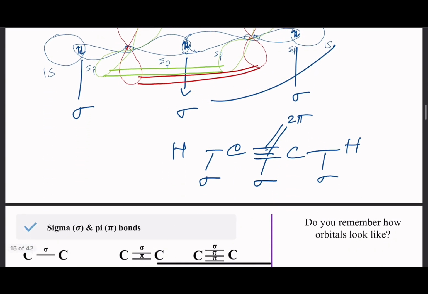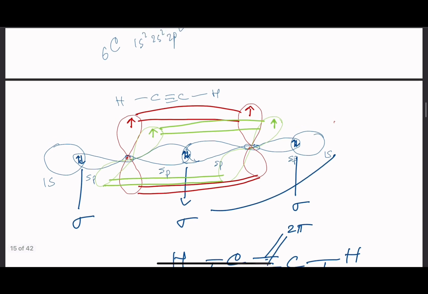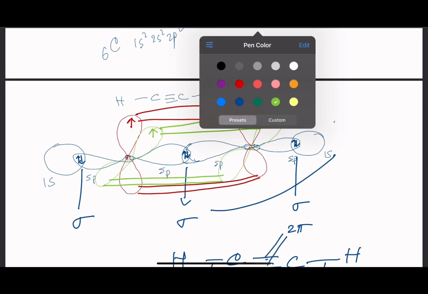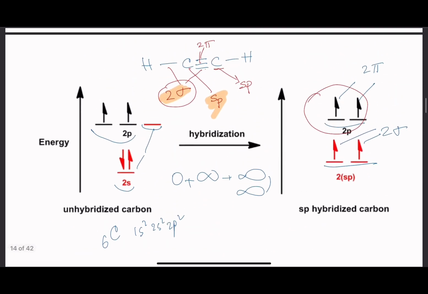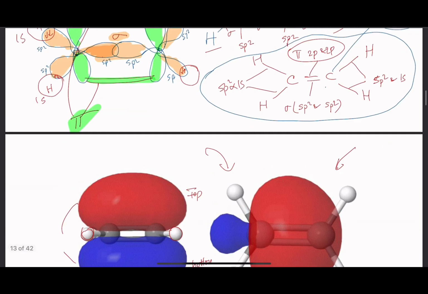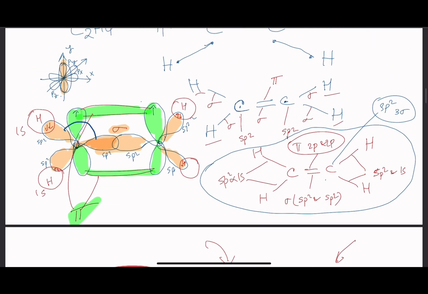Okay? And if you look at this, guys, the degree angle between two sp is going to be 180 degrees. And if you look at sp2, the degree between these, this is 1 and this is 1, it is 120 degrees. 120 times 3 adds up to 360.